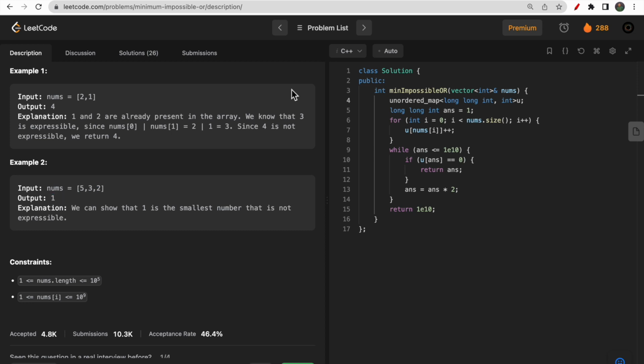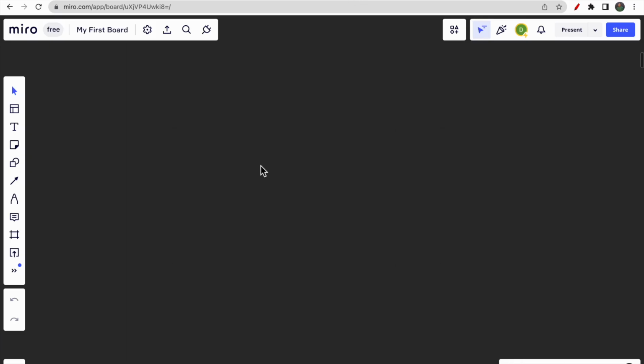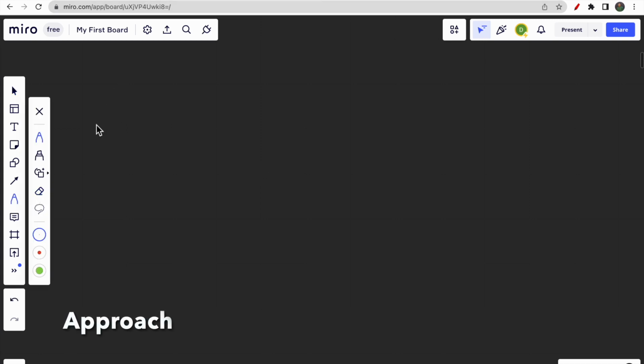Before moving ahead, I want to show you what elements are required in order to produce other elements. Let's say you have 1, 2. With these you can produce 1, 2 and 3, where 3 is the bitwise OR of 1 and 2.